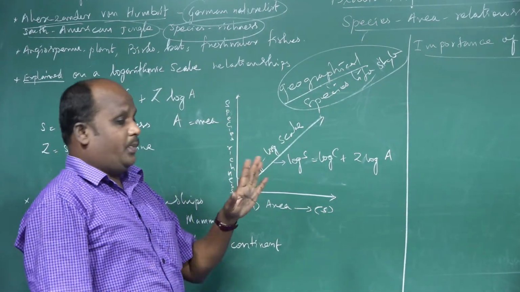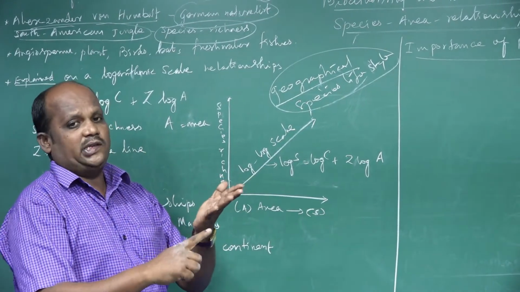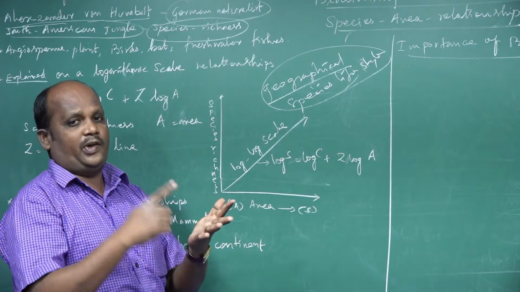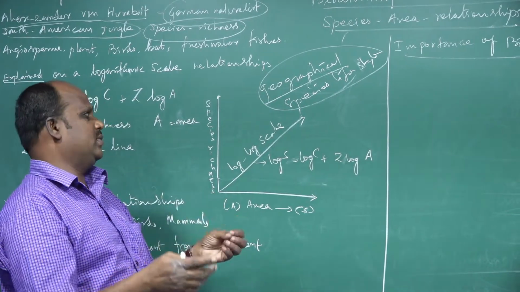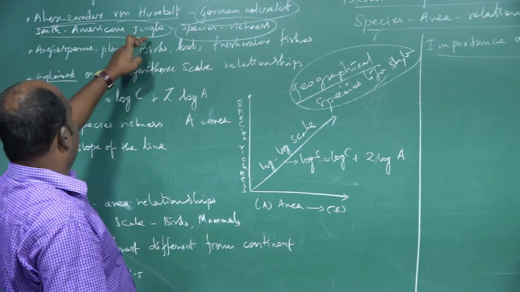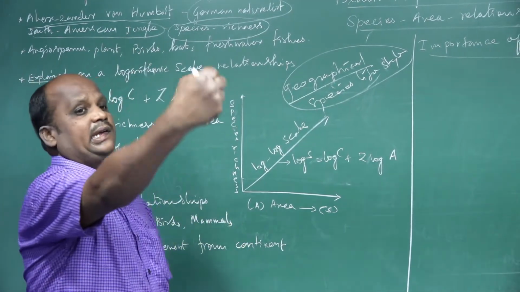So in that area the number of angiosperm plants, bird populations, and freshwater organisms such as fishes gradually increased.